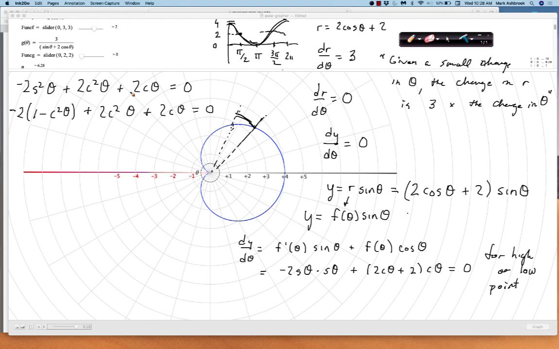So when I add everything together, I'm going to get 4 cosine squared plus 2 cosine minus 2. Did I do the math right? I'm equal to 0, so I can divide everything by 2. So I got 2 cosine squared plus 1 cosine minus 1.